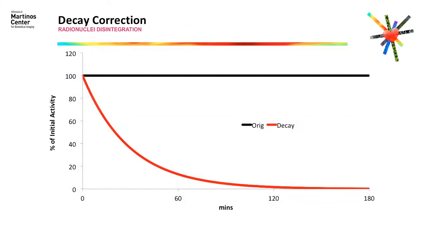Another big important correction is decay. So what is decay? Well, decay is basically how much that radioisotope is decaying, is disintegrating with time.